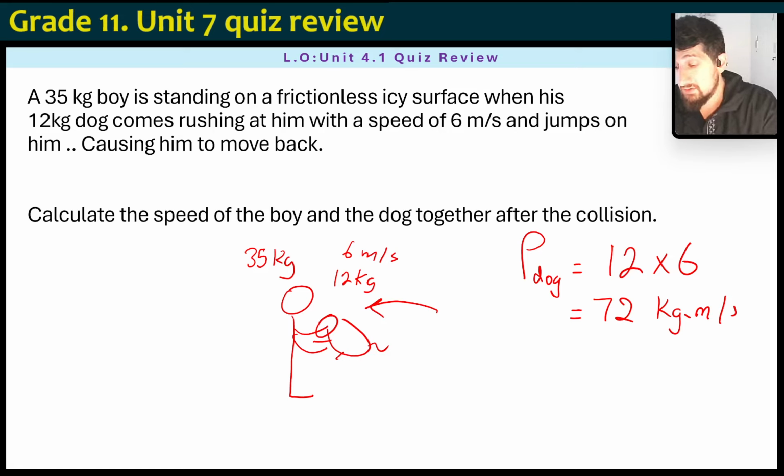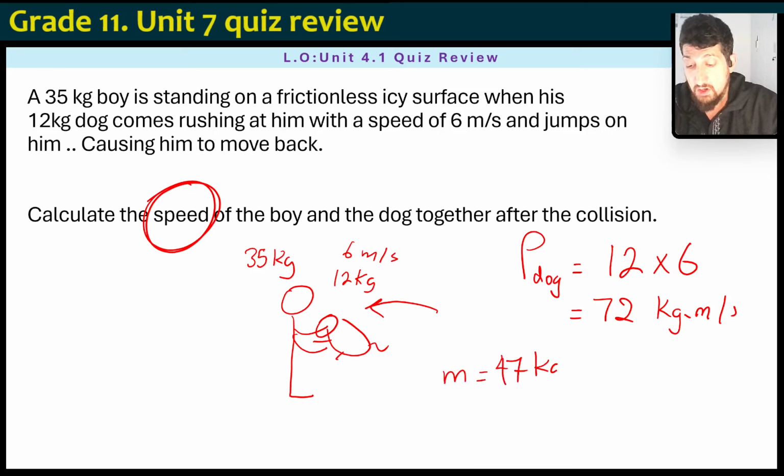Now they're asking us for the speed, okay? Do we know the mass after? Yes, the total mass is going to be equal to the boy and the dog, which is 47 kilograms. Do we know the total momentum after? Yes, we do, because it's the same as before, which is 72. So can we work out the velocity? Of course.